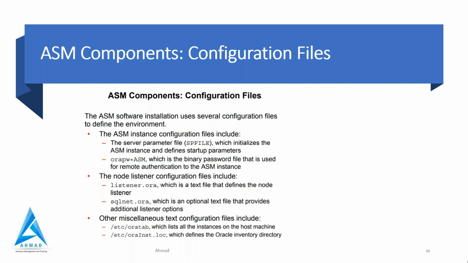The password file can be found under the dbs directory. The node listener also uses configuration files: the first one is listener.ora, and the other ones are sqlnet.ora. Okay, clear?